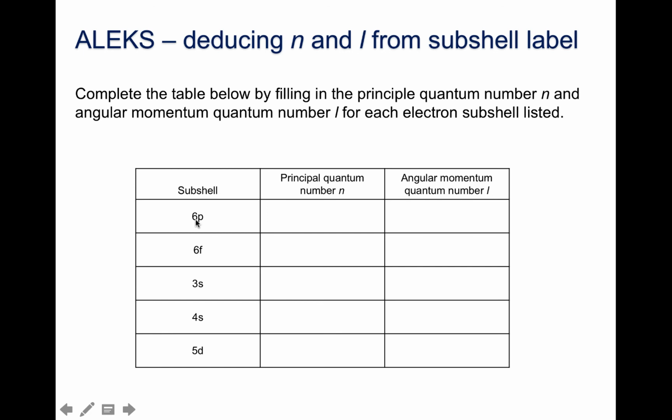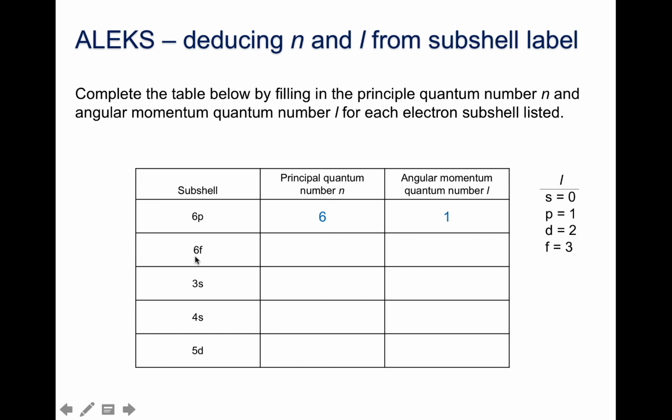This number corresponds to the principal quantum number. So for a 6p subshell, n would be 6. For the angular momentum quantum number, remember, S, P, D, and F all have values associated with them. A p sublevel corresponds to a value of L that is 1. To remind you, S is 0, P is 1, D is 2, F is 3 in all cases.